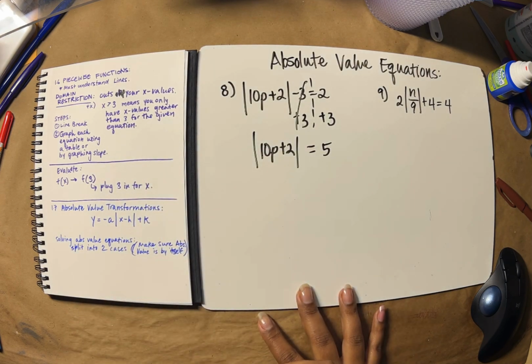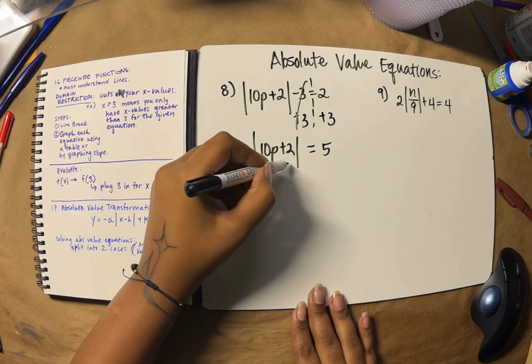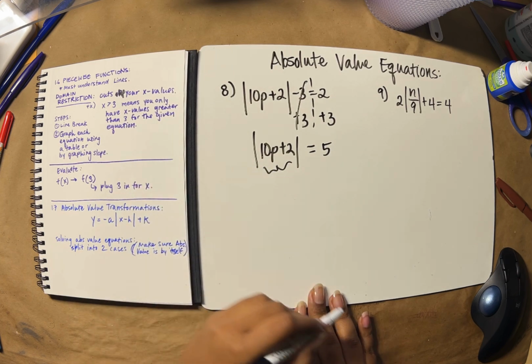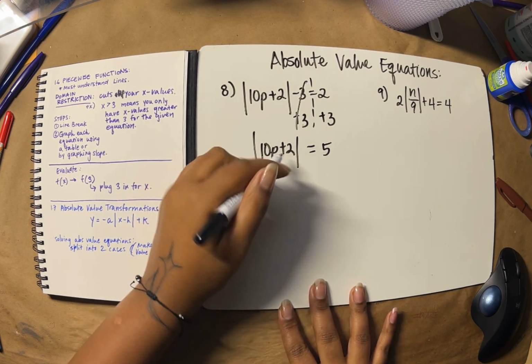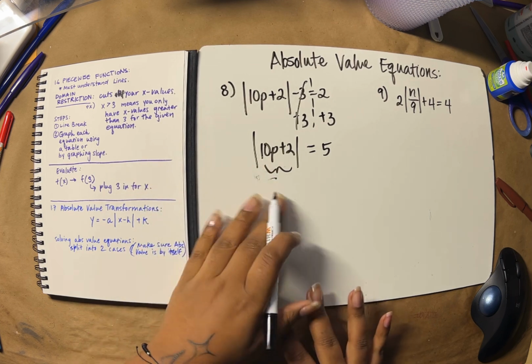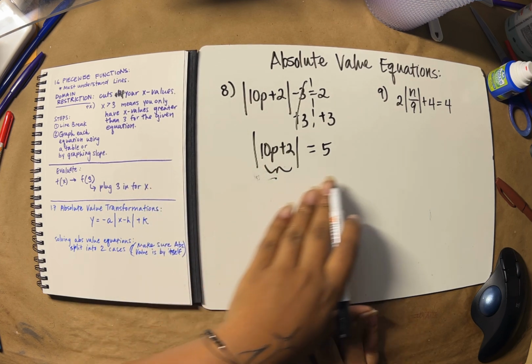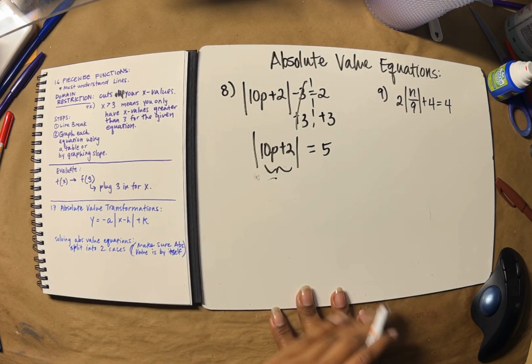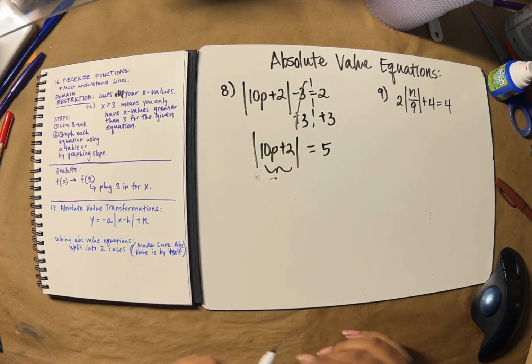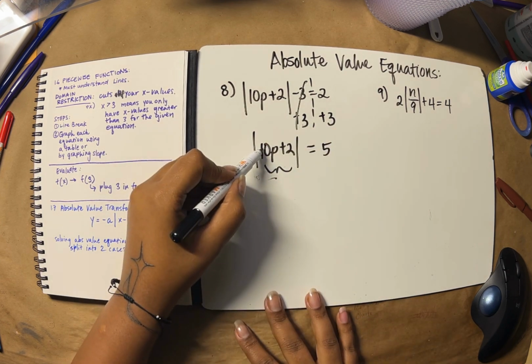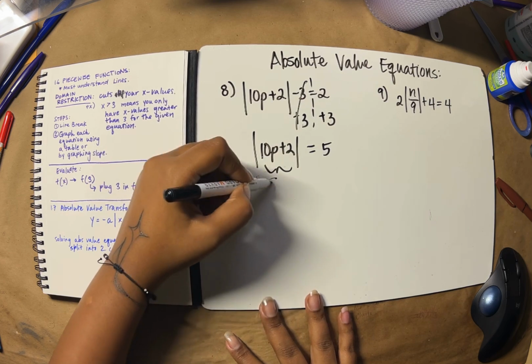We know that whatever is inside my absolute value sign should equal 5. That's why we have to get everything by itself, because this is how we can make something true. So 10p plus 2 is my absolute value.